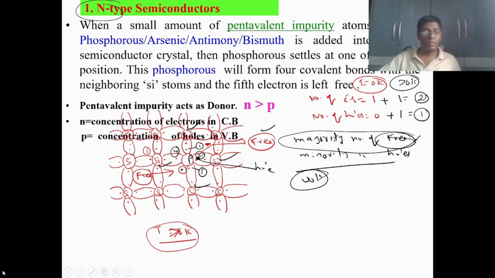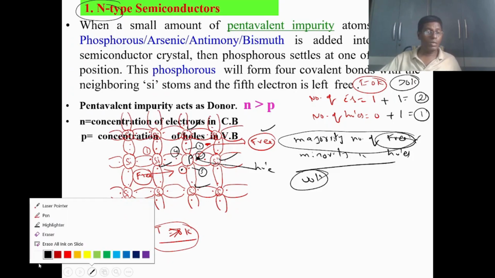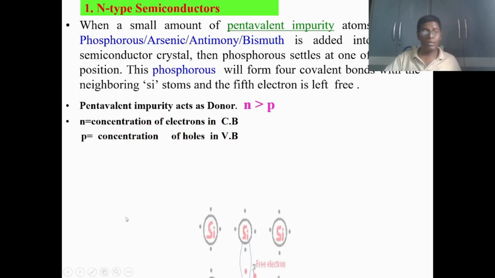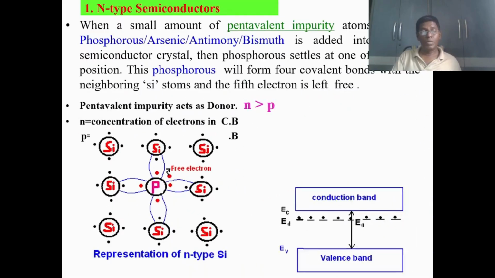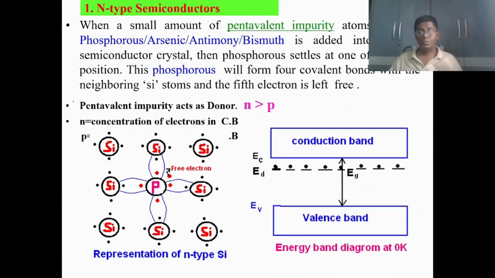Okay, now the same can be explained using the energy band diagram. This is about the formation of bonds inside the n-type semiconductor, and it is about the energy band diagram of the n-type semiconductor if temperature T is equal to 0. At this temperature this phosphorus atom has an extra electron, which is called a free electron.